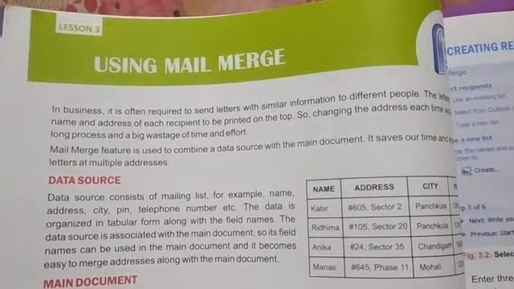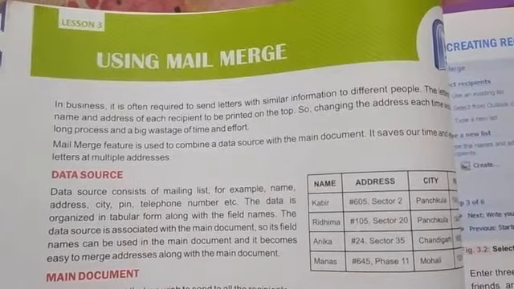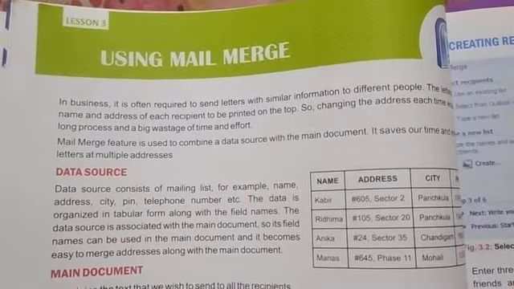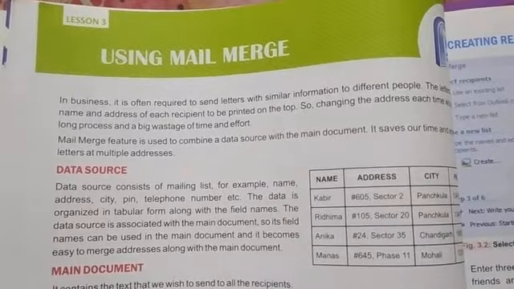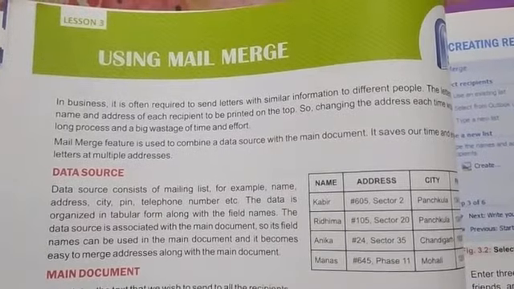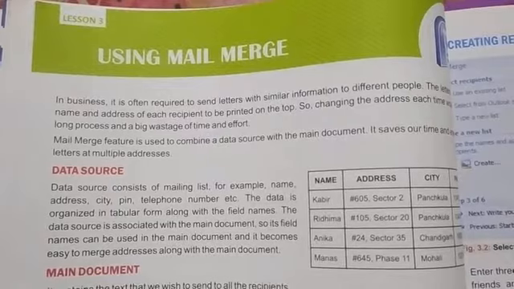So we need a medium where we can send the same kind of letter to multiple persons within a fraction of time, meaning in a small time we can send the same kind of letter to different people. So the mail merge feature is used to combine a data source with the main document.